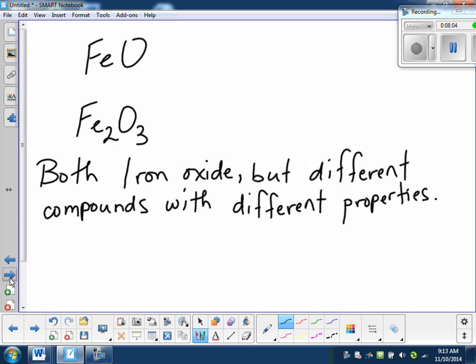So we have to name them differently. And to name them, we need to think backwards from the anion that it's combined with. The anion is the negative ion it's combined with.